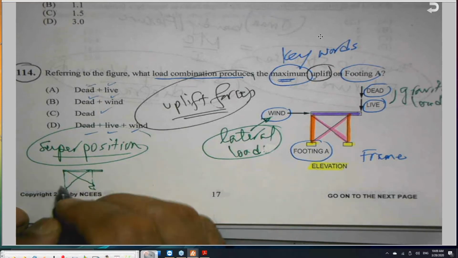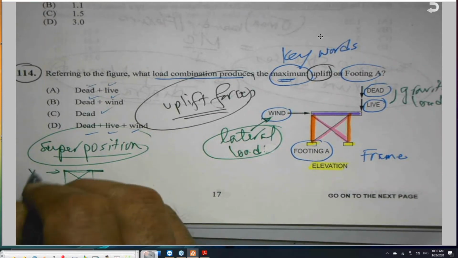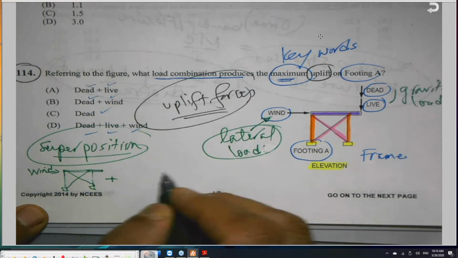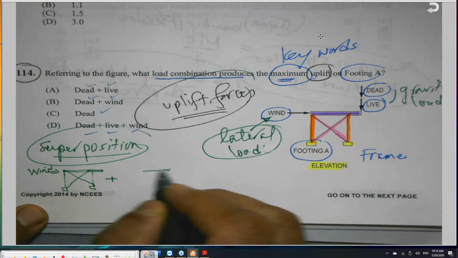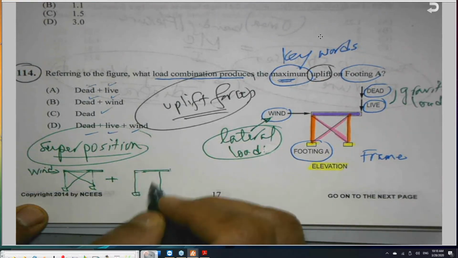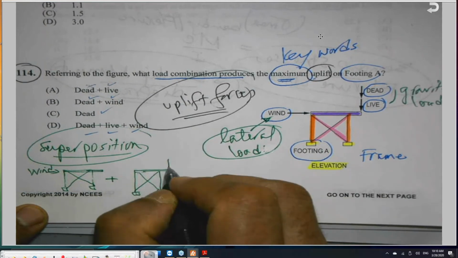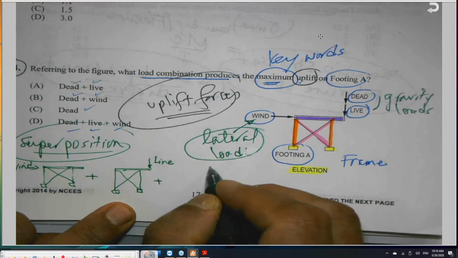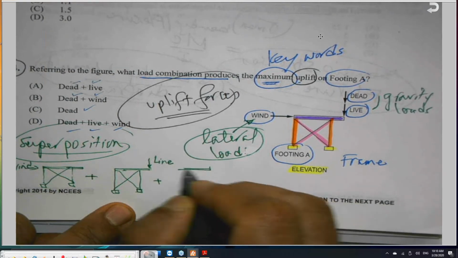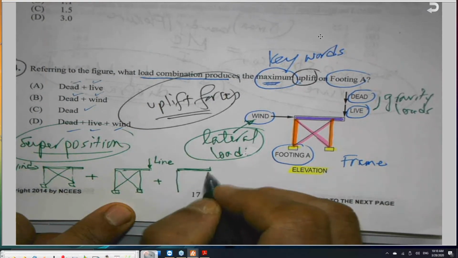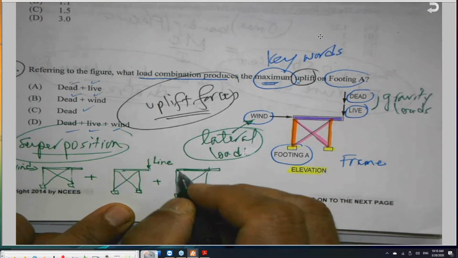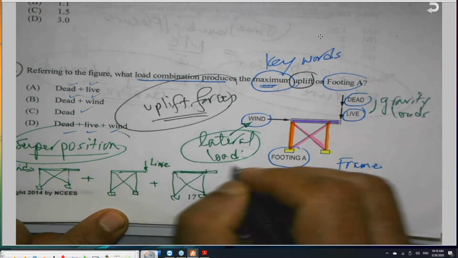By itself, with the wind only. Plus the same frame but with the live load, and plus the same frame okay, with the dead load.